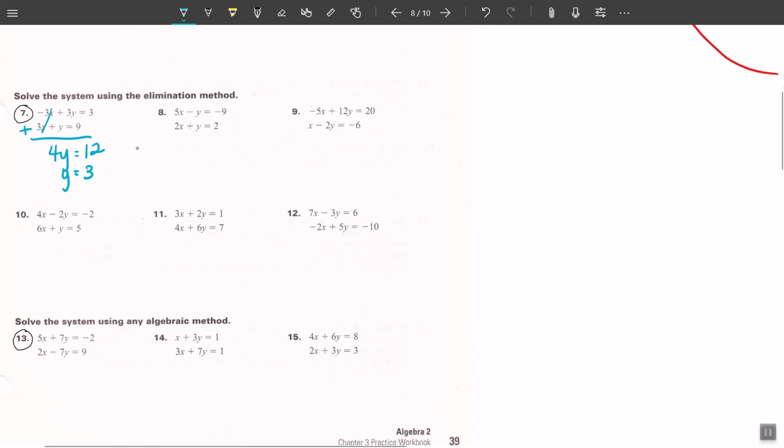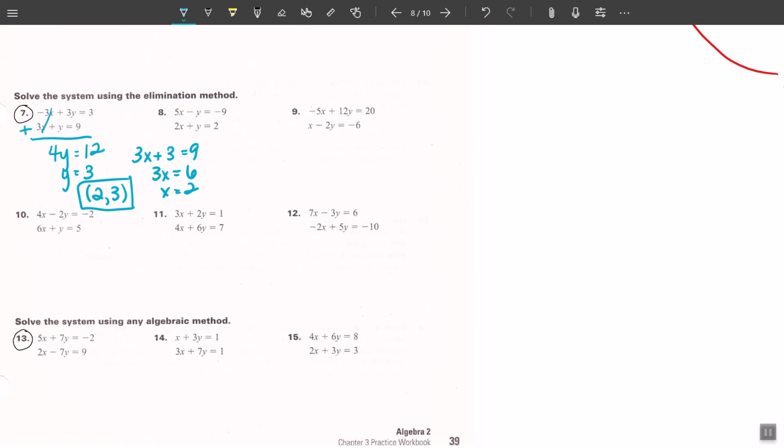I'll pick that second equation, and I'll get an x of 2 this time. So my answer for this system of equations, if we were to graph them, we'd be able to visually see that they cross at 2, 3. So this is the solution to these two equations.